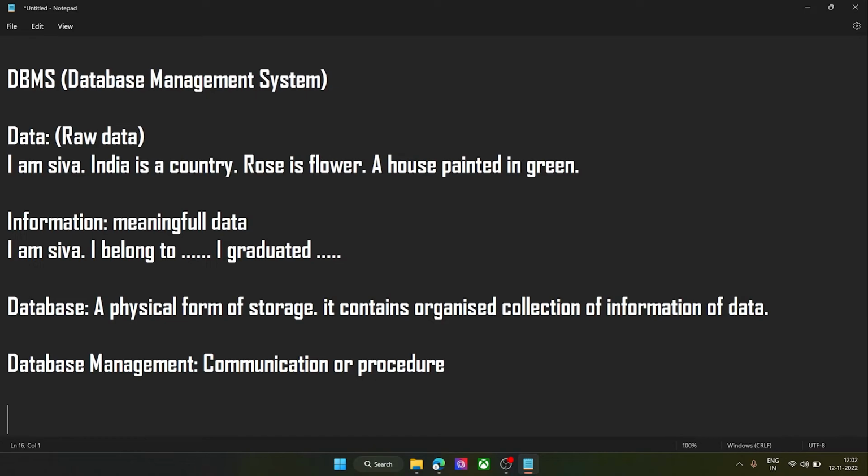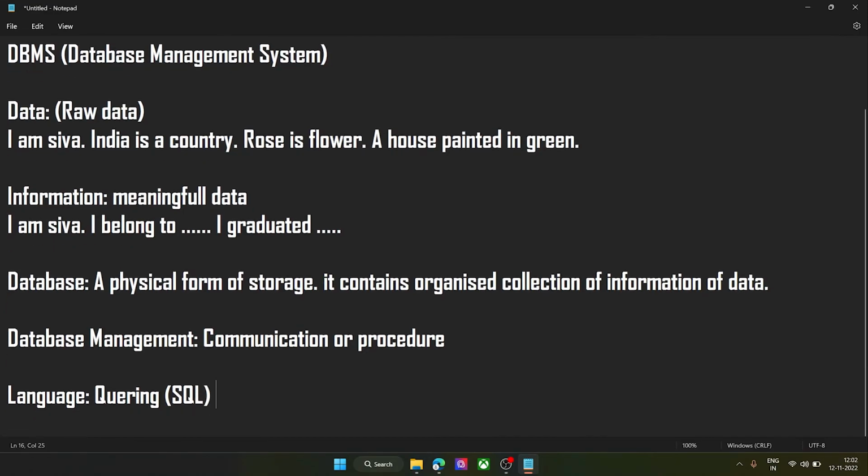They are written in a language used for querying, which is nothing but SQL. And studying all these things is nothing but a database management system.